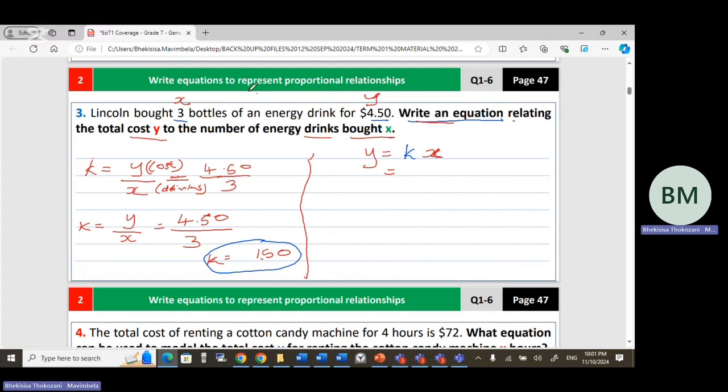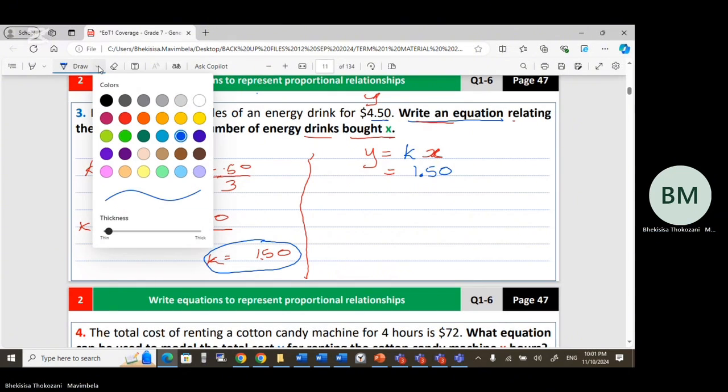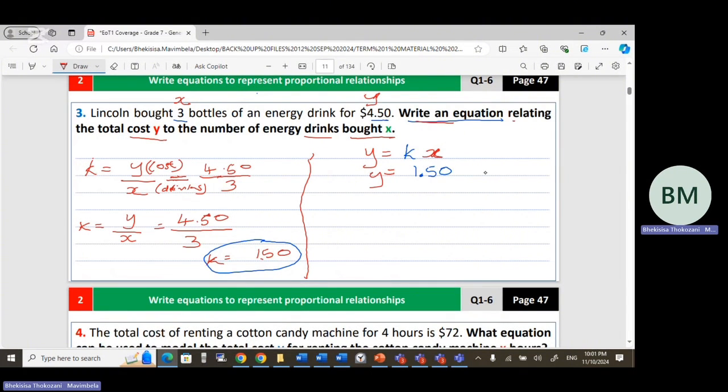So since we said that k is 150, I can write my k here as 150. You can even say 1.5. It's the same thing, guys. You don't worry about it. 150 or 1.5, it's the same thing. So now you can say that y is equal to 150x.